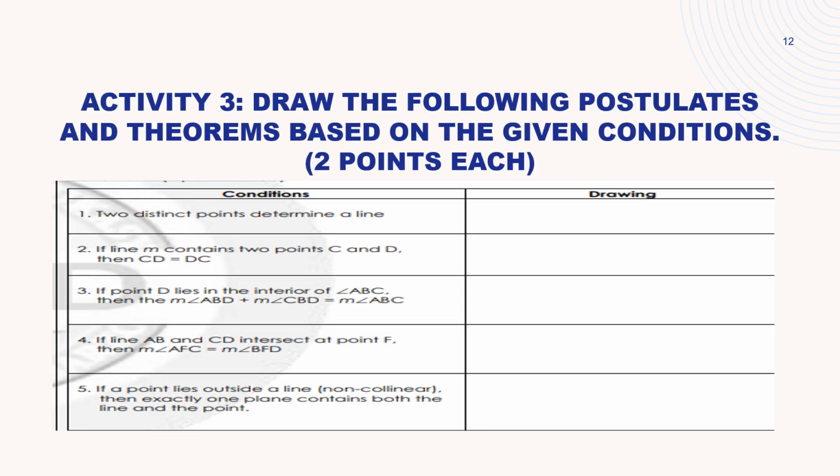Okay, let's go. Now, for activity 3, draw the following postulates and theorems based on the given conditions. So, two distinct points determine a line. That means you need to draw a line. For example, A, B. Don't forget to put arrows, because if you do not put arrows, that's only a segment.